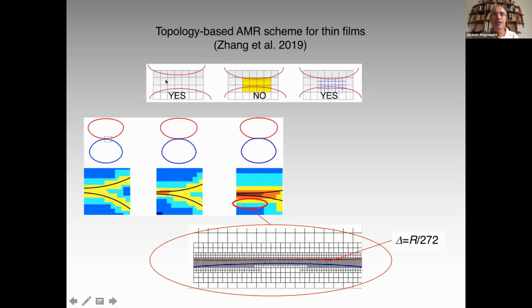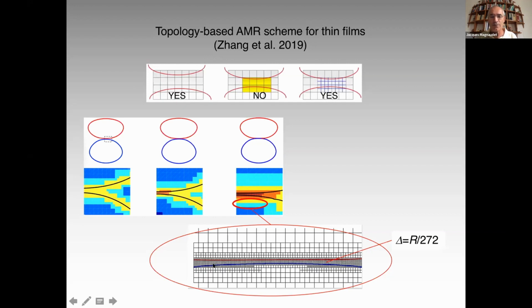This is the case for this layer here, but you see here that the yellow cells contain both gas and liquid. So we prevent this by requiring that if this occurs, each of the yellow cells is divided by a factor of 2 in each direction in order to maintain cells which are purely filled with liquid. And you see in this case how the grid evolves in the gap as the two bubbles get closer and closer to each other.